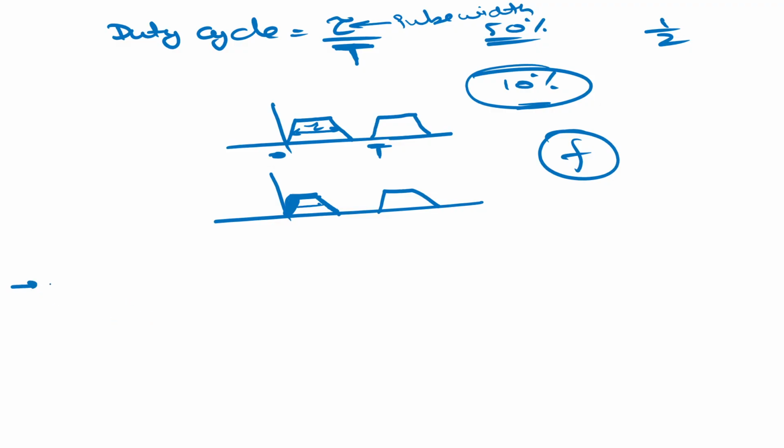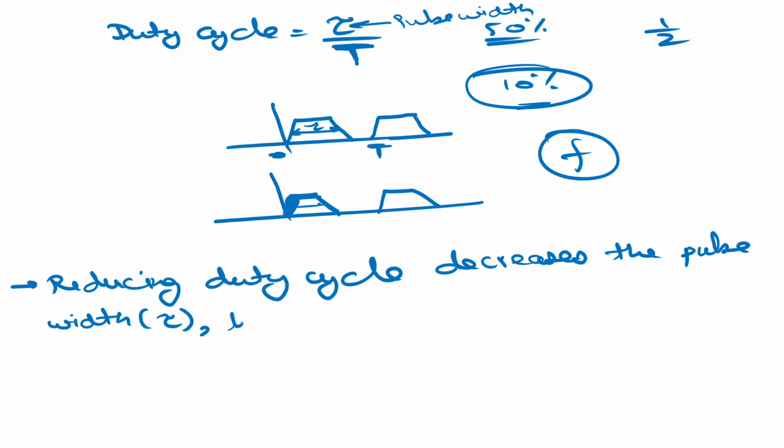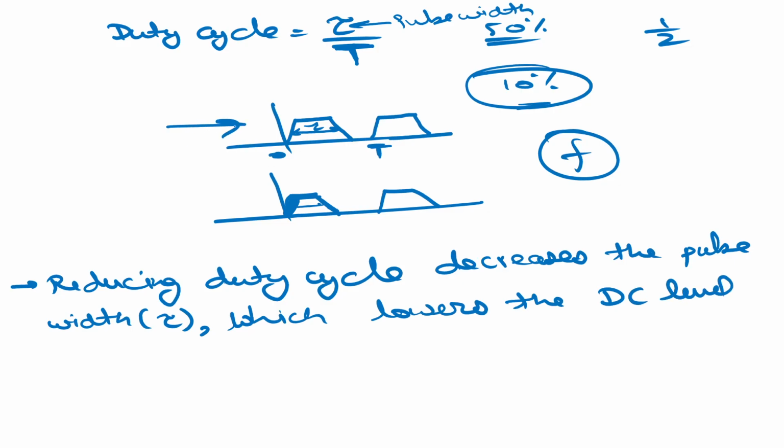So reducing the duty cycle decreases the pulse width tau, which lowers the DC level. You won't see the DC level here because it's in the time domain, x of t versus t.